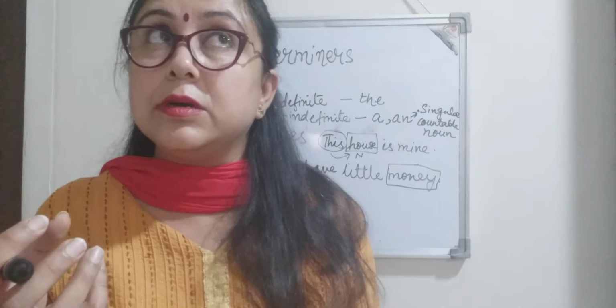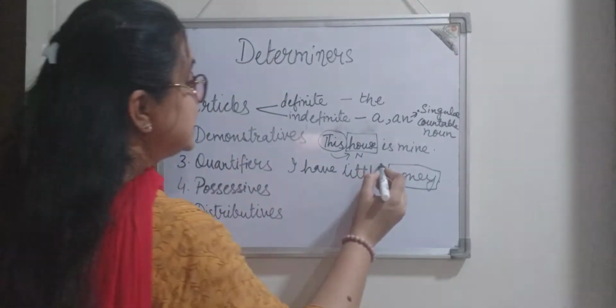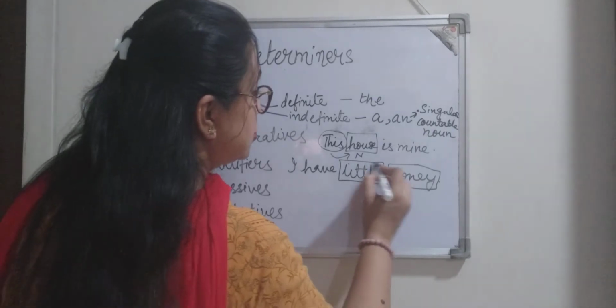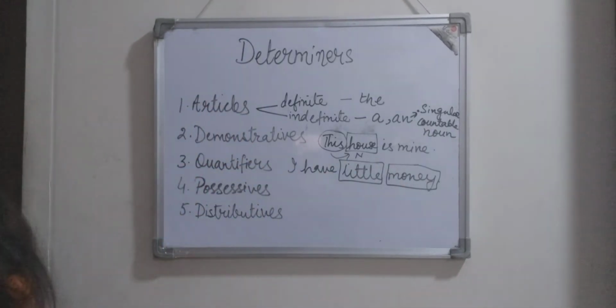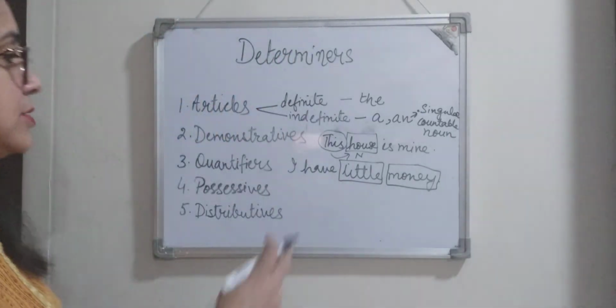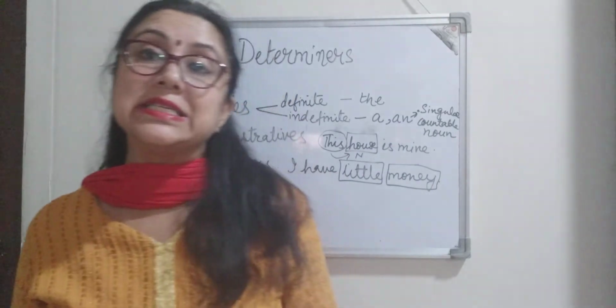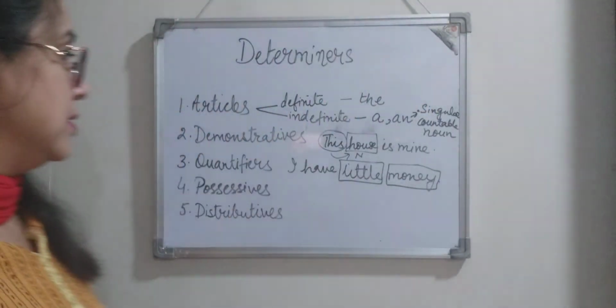Which word modifies this noun? Of course, the word little, which shows the quantity of money, quantity of the noun, right? So such words are quantifiers, and quantifiers also act as determiners because they modify the noun.